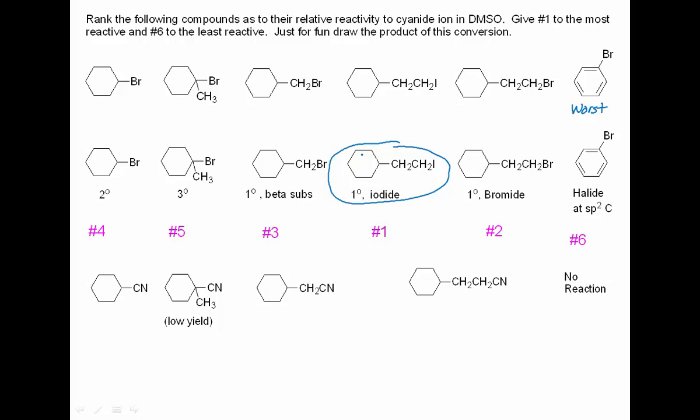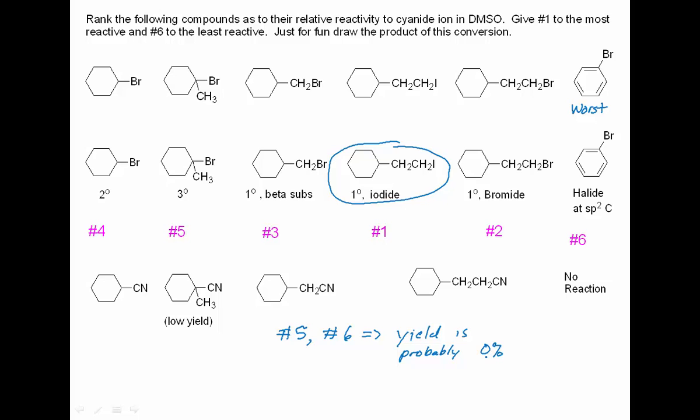These are our products. Recognize that our fastest and our second fastest both produce the same product. I might add that number 5 and number 6, the yield is probably 0% for both of them, okay?